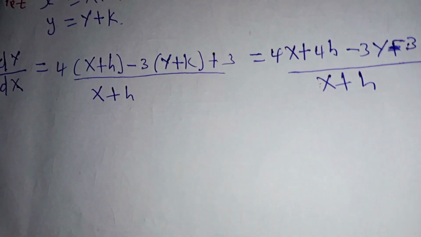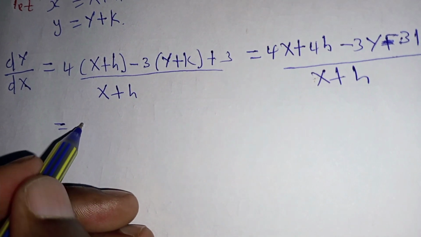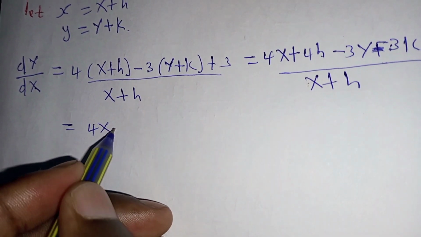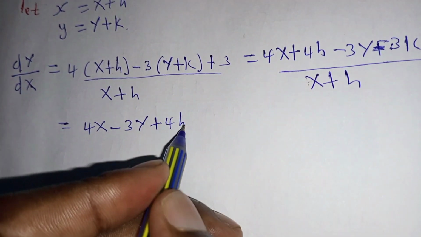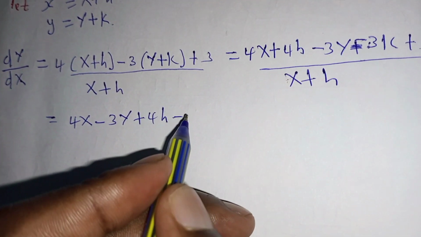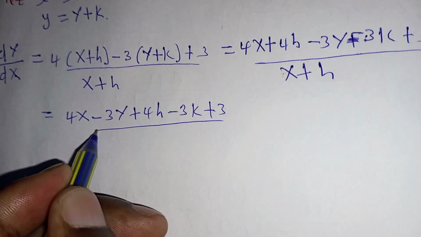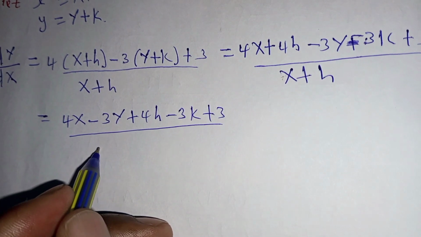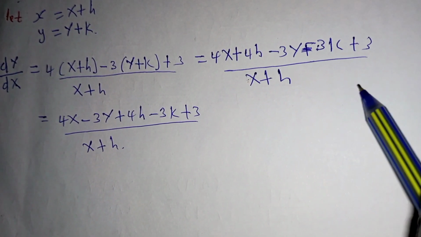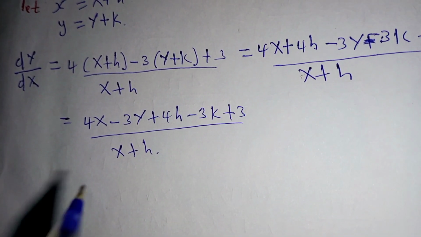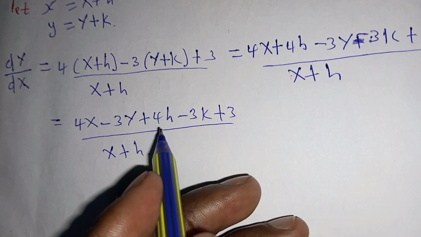After removing the bracket, this can be written as 4x minus 3y plus 4h minus 3k plus 3 divided by x plus h.